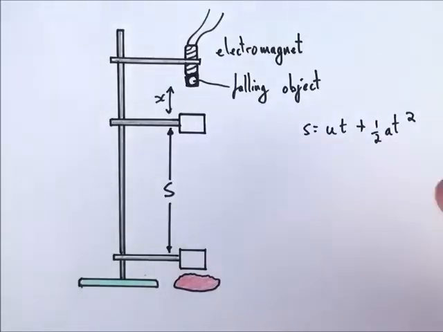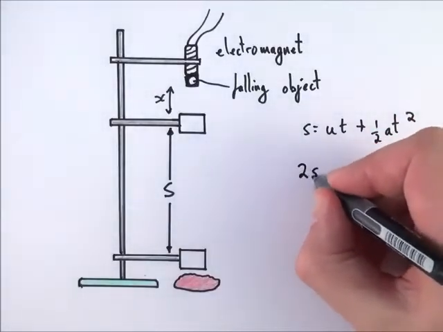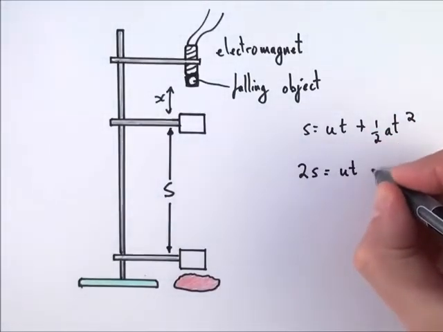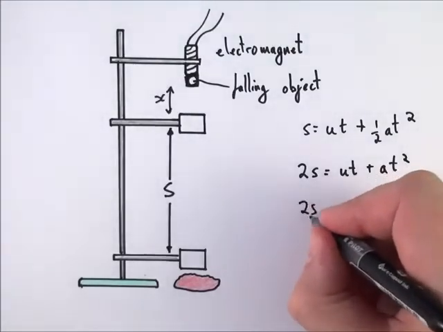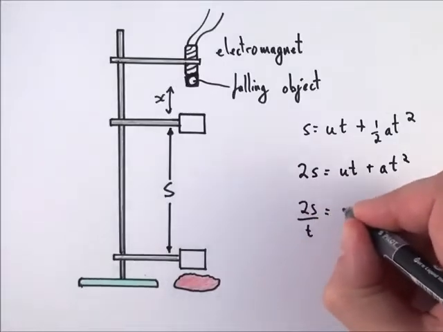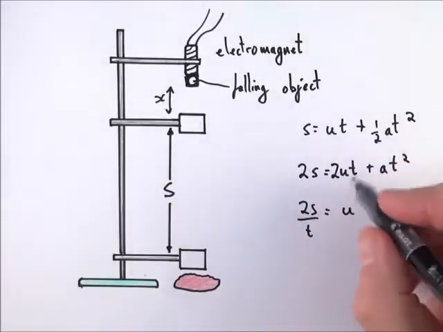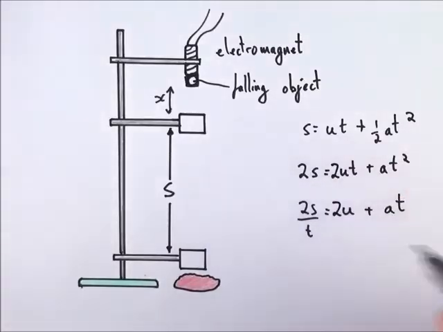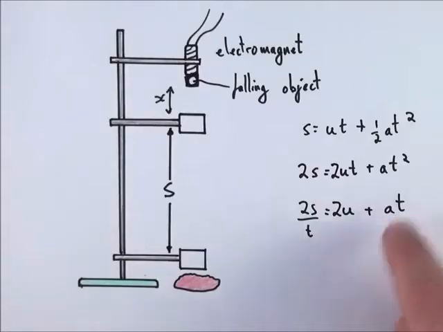If I multiply both sides by 2, we get 2s equals 2ut plus at squared. Then if I divide both sides by t, 2s over t equals 2u plus at.